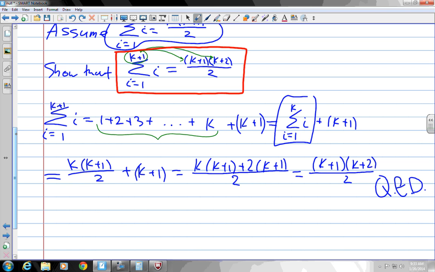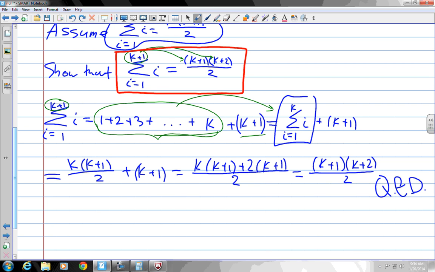Because the way the sums work, you're always going to get the first k things laid out. So that's this, right? So I can always do that, plus that new step that's given by k plus 1. You do that?